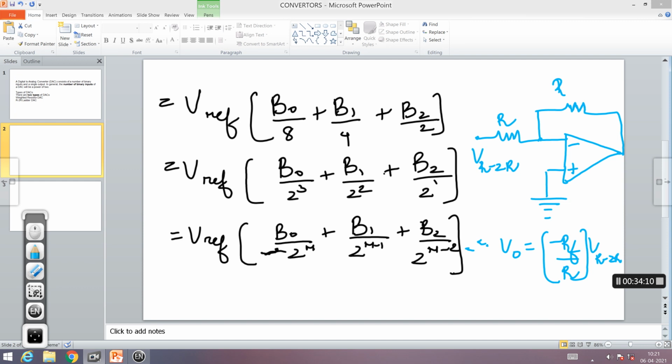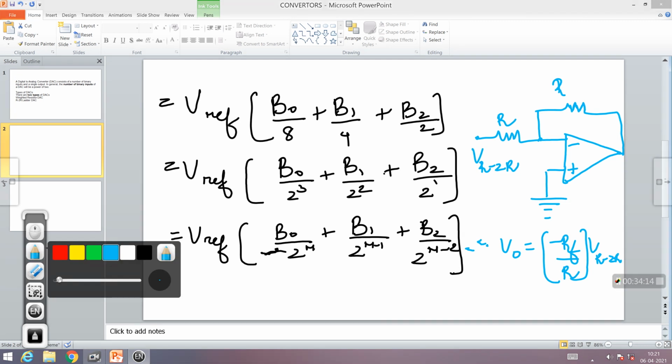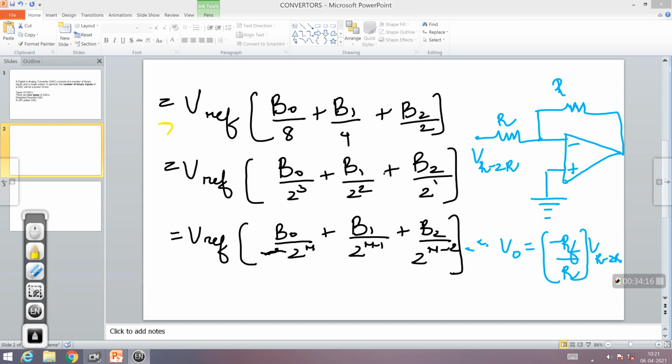Okay, now in continuation, we can write this as V reference times open brackets B0 by 8 plus B1 by 4 plus B2 by 2, where the denominator 2 can be written as 2 raised to 1, 4 can be written as 2 raised to 2, and 8 can be written as 2 raised to 3.